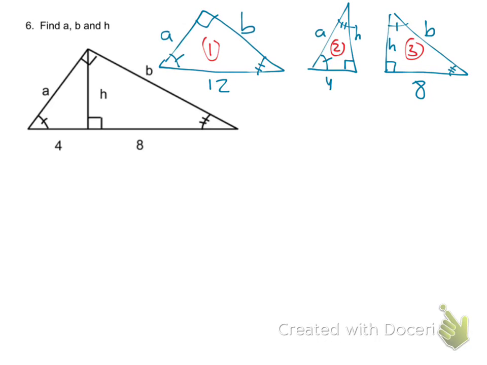Triangles 2 and 3 are similar to each other. They'll have a different scale factor. And 1 and 3 are similar. They'll also have a scale factor to each other. Notice, did I not say that 1, 2, and 3 all have a common scale factor? Just when you compare two of them at any given time. So your goal then, guys, is to find which triangles can give us a solid pair of numbers.